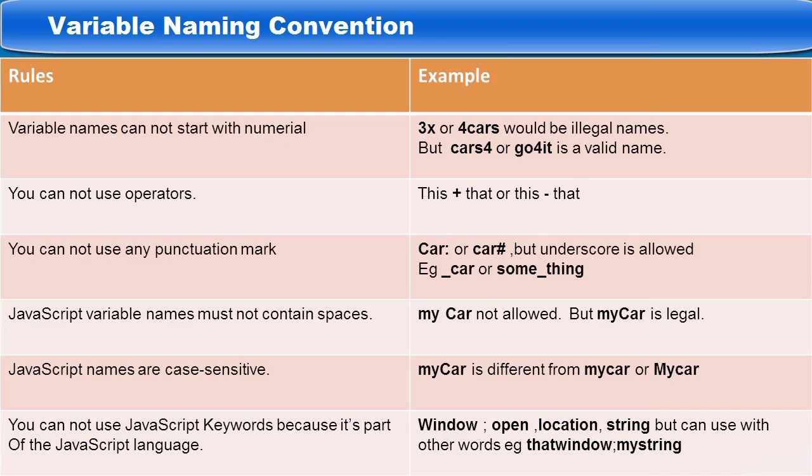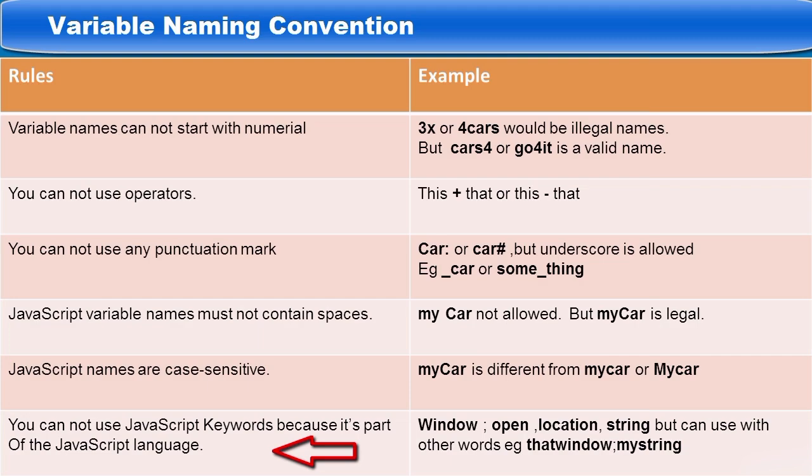Finally, you cannot use any JavaScript keywords. Keywords are parts of the JavaScript language itself. You can't use any of that for variable names. For example, window is a keyword in JavaScript. It's part of the language. Things like open are part of the language.